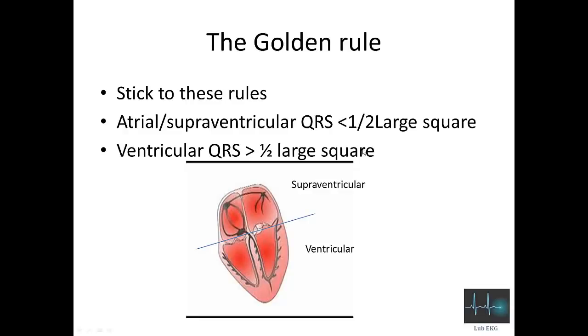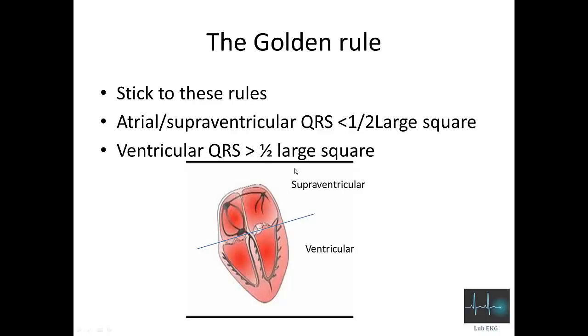Just to tell you about the golden rule, which makes classifying the arrhythmias very simple: we first of all divide them into supraventricular and ventricular. Supraventricular basically means that the signal is originating from the atria.